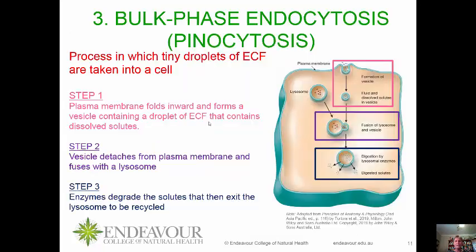Now, the next type of vesicular transport is called bulk phase endocytosis, and another word for it is pinocytosis. Okay, so the important part that you have to know here is instead of bringing in a particle, it brings in droplets of extracellular fluid.